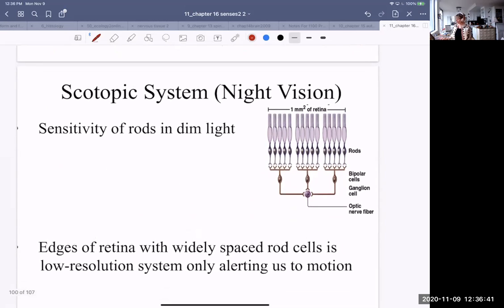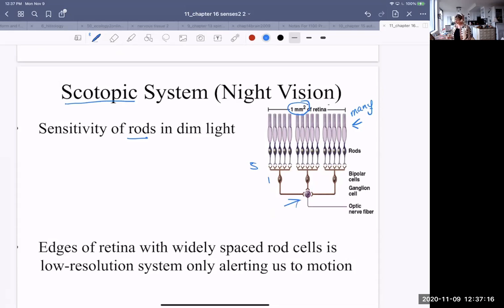Night vision is also known as scotopic vision. Rods are very sensitive. We've already seen that they're quite a bit larger than cone cells. Say this is 1 square millimeter of the retina. Here are all these rod cells, many rod cells, and they converge. Here we're showing 5 rod cells converging onto one, and all of these 3 converge onto this one.